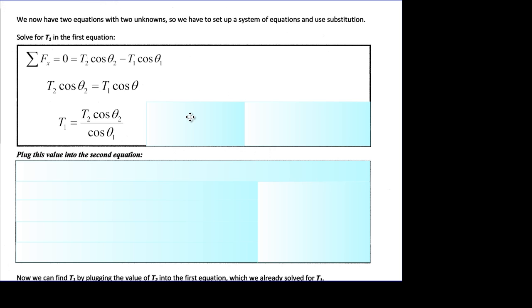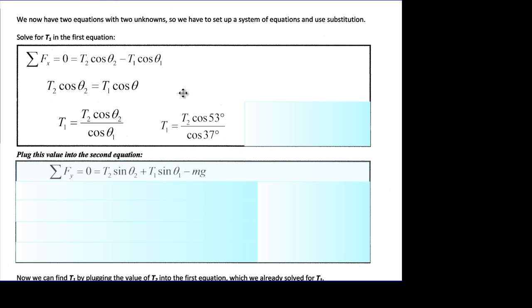Now, plugging in the numbers, remember theta 2 is 53 and theta 1 is 37. So you can substitute this in to here if you wanted to, or you can take this further, and that's what I do because that's just too much stuff to write down. It looks kind of crazy when you have all these cosines at different angles.